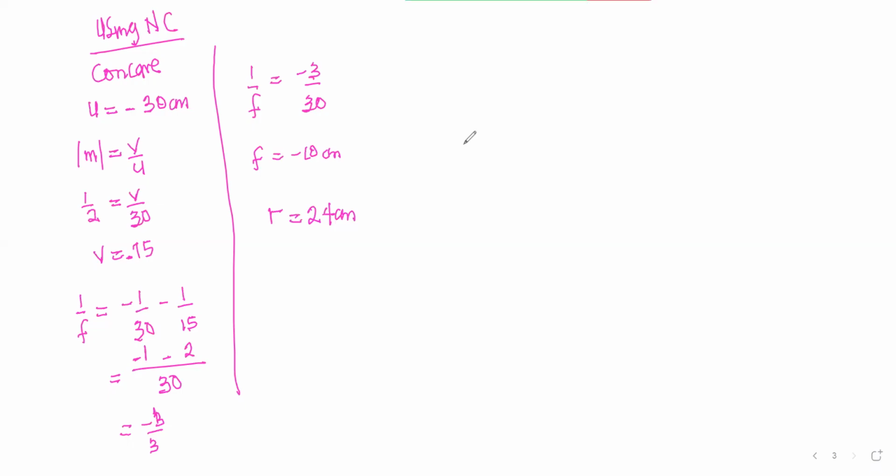How far is an object from the mirror if an image is formed that is A, virtual and 3 times the size of the object.